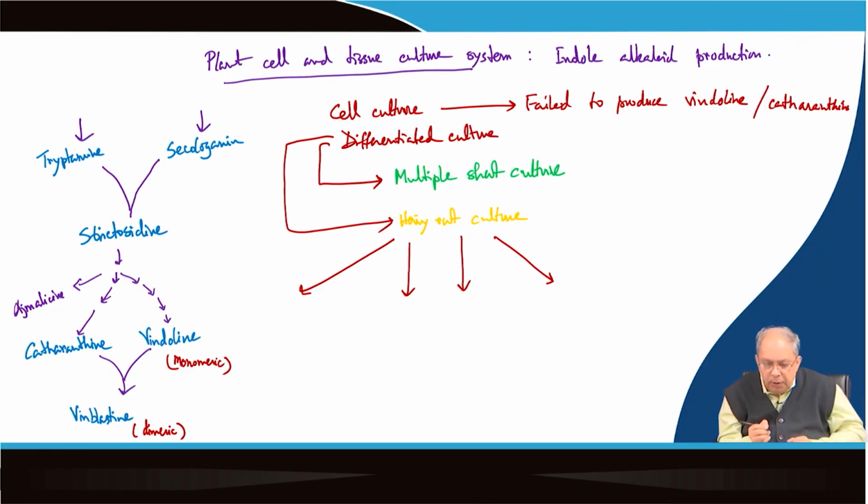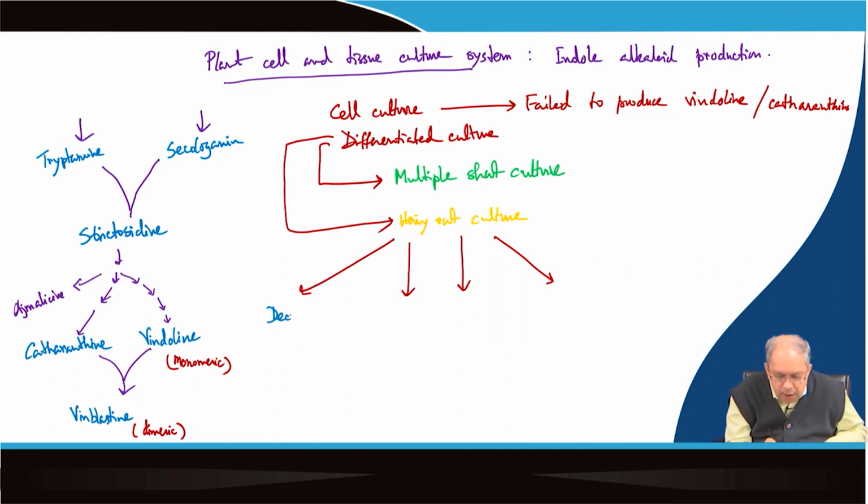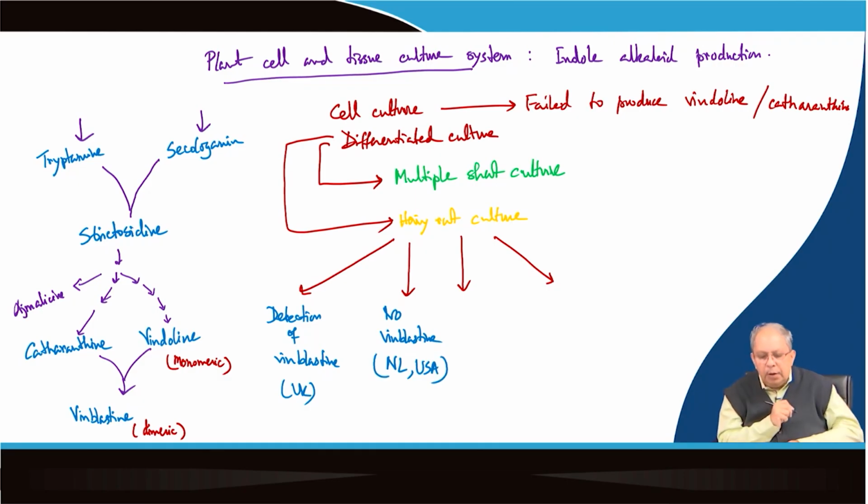For example, one group in United Kingdom developed hairy root culture of Catharanthus roseus, and using immunoassay based detection, they could detect vinblastine in the hairy root culture, whereas the groups from Netherlands or in USA did not find any vinblastine.